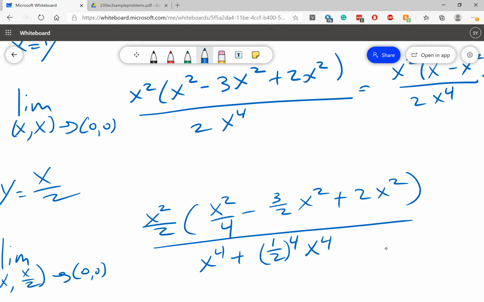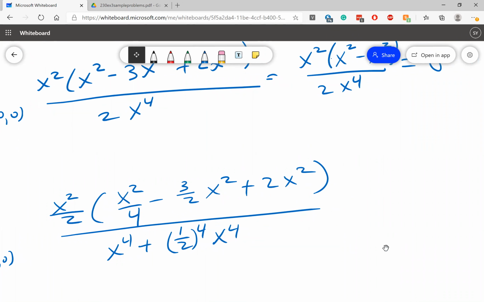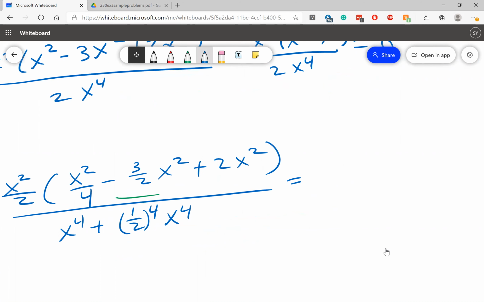Okay, and then we're taking this limit. Some of these constants we can put together. So let's see what that would be. I'm going to ignore the limit for now, so let's just write it as equal, but we have to remember that there's a limit being taken over here.